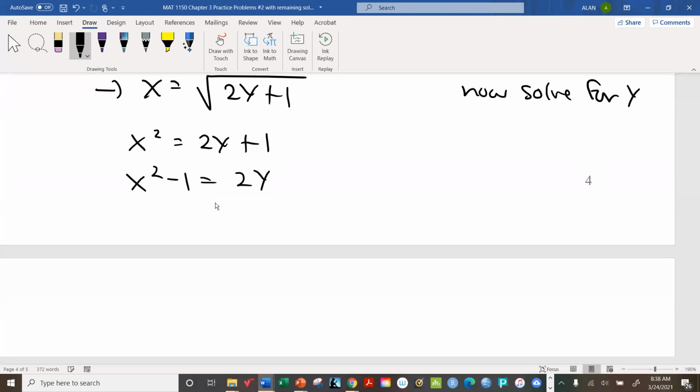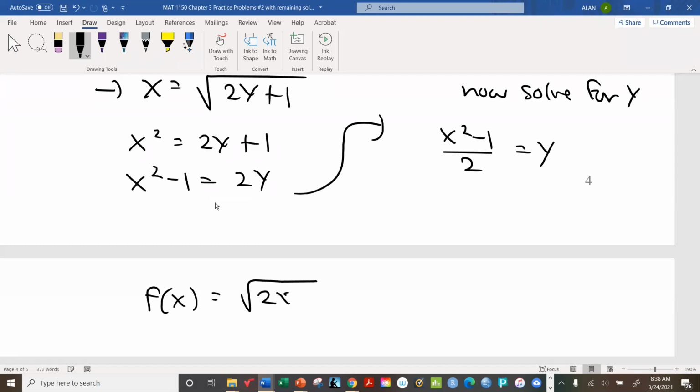This is easier. And then I can divide both sides by 2. So what this means then is that the initial function, f of x, was radical 2x plus 1, and f inverse, which is written f minus 1 of x, therefore equals x squared minus 1 over 2.